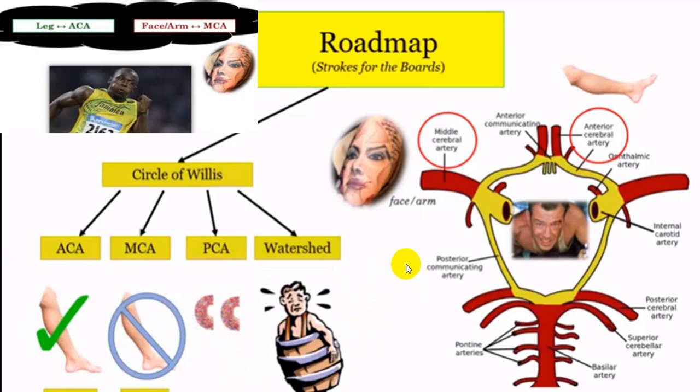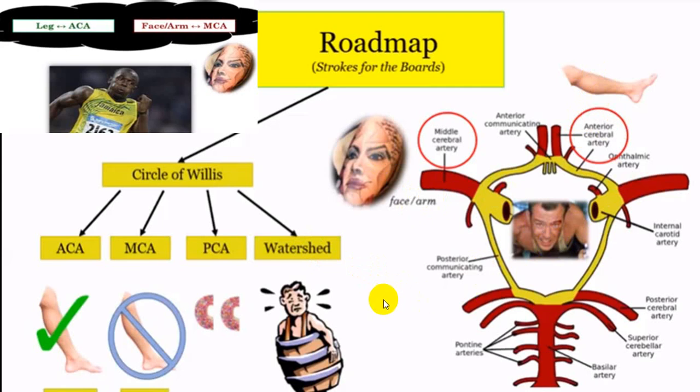So, depending upon the area of involvement, in a middle cerebral artery, face and upper arm will be involved. In anterior cerebral artery, lower limb will be involved. In case of watershed areas, the person will be almost locked in.